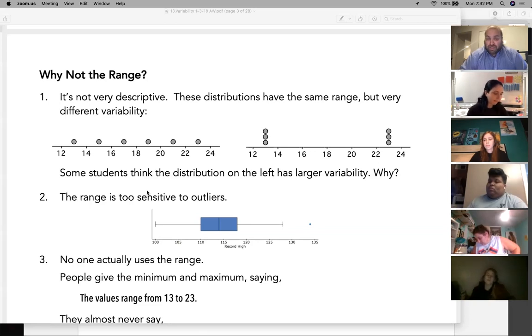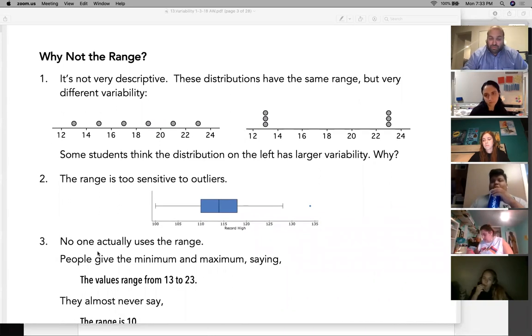The other reason is that the range is extremely sensitive to outliers. You can have one major outlier and the range will go up significantly. If you add one outlier, bam, my max is now bigger than it was before. As a general rule, we want something that is not sensitive to outliers. So when do we use the range?